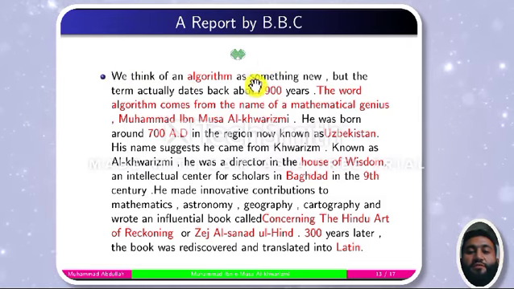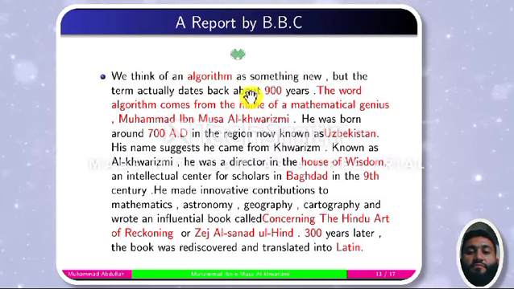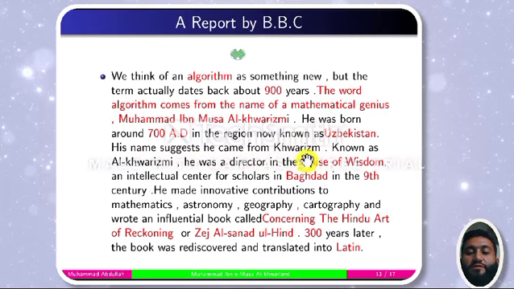We think of an algorithm as something new, but the word actually dates back about 1,200 years. The word algorithm comes from the name of a mathematical genius, Muhammad ibn Musa al-Khwarizmi. He was born around 780 AD in the region known as Uzbekistan. His name suggests he came from Khwarezm.